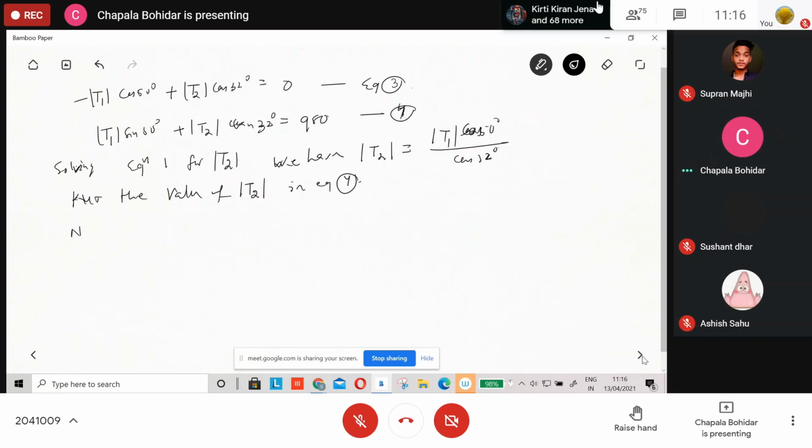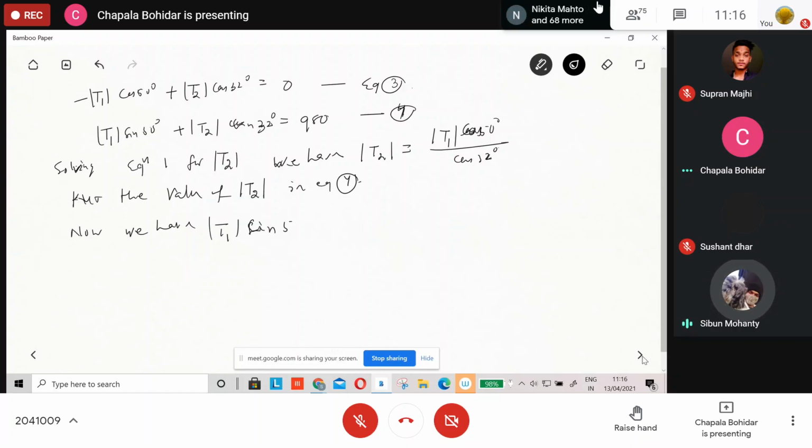Now we have T1 sin... Ma'am, T2 equals minus T1 cos 50. It will go to this side. Will we get it positive or not? Yes, ma'am. Positive.